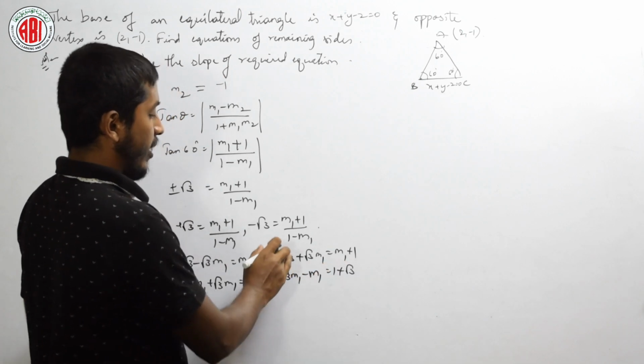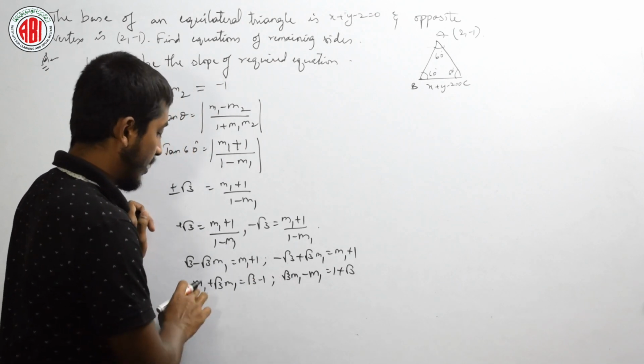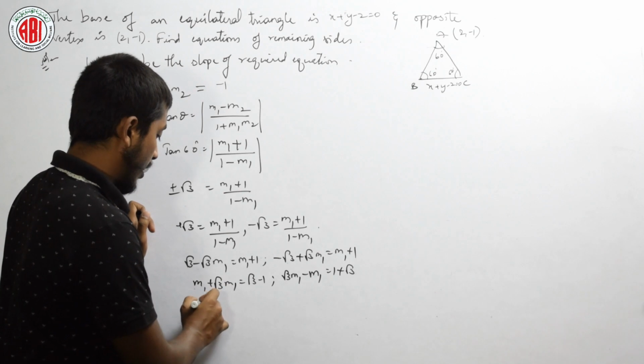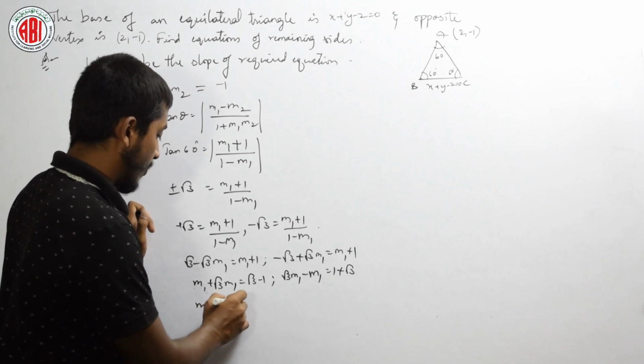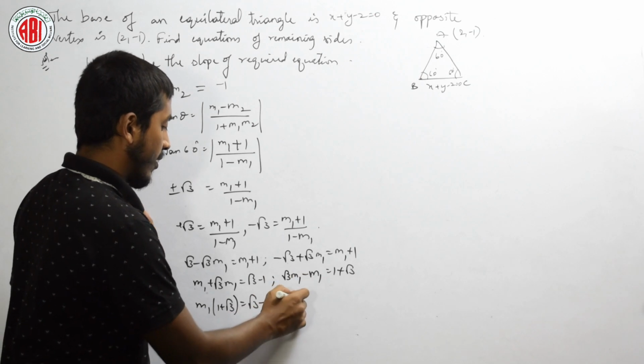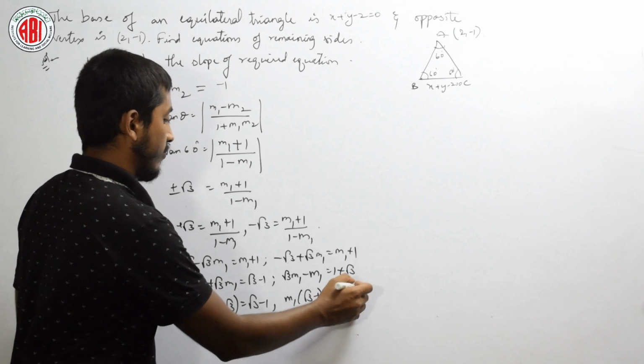If this minus root 3 goes that side, it becomes plus root 3. See here, we can take m1 common here, yes or no? If we take m1 common, it becomes m1 times 1 plus root 3 is equal to root 3 minus 1. Here also we can take m1 common, it becomes m1 times root 3 minus 1 is equal to 1 plus root 3.